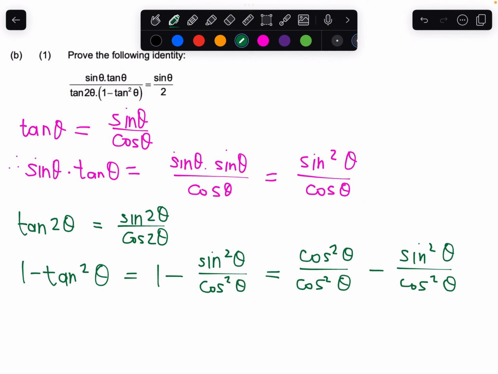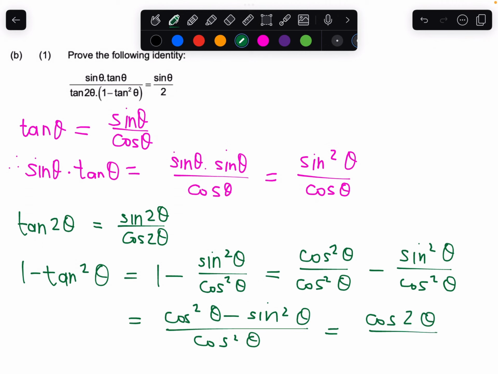I am seeing a vision. So that will be cos squared theta minus sine squared theta at the top, and at the bottom we have cos squared theta, and the top, ding ding ding, is the same as cos 2 theta, or cos of 2 theta.